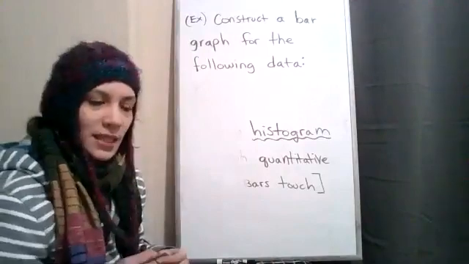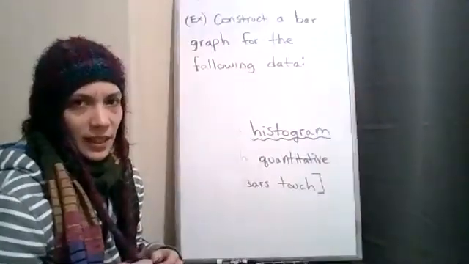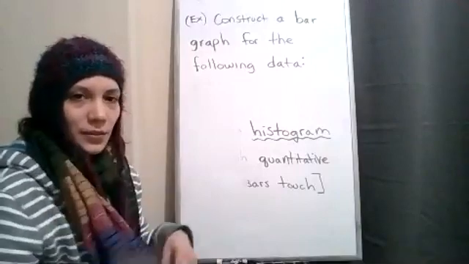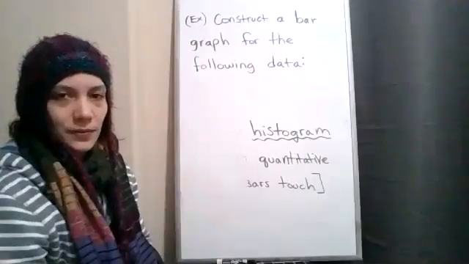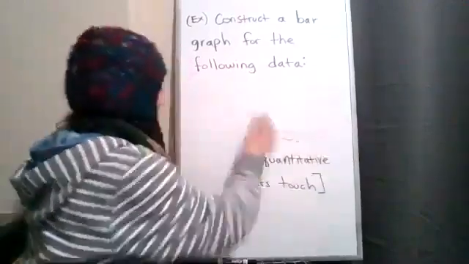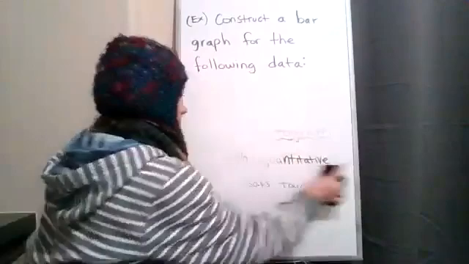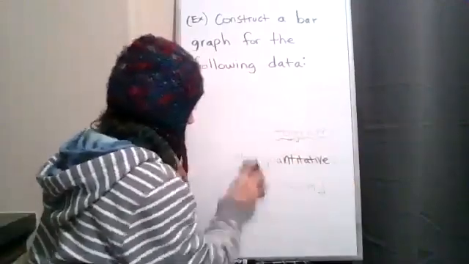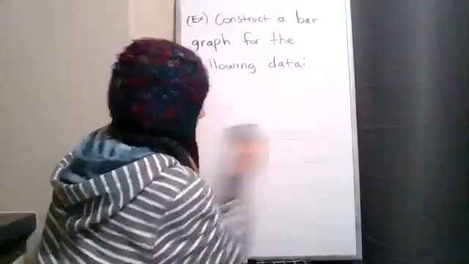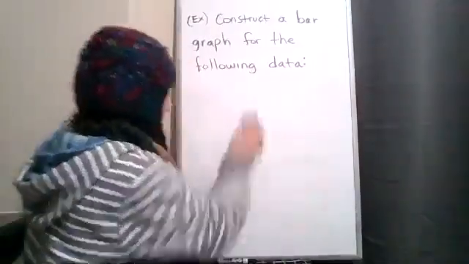I probably wouldn't test like that. I would probably be clear, like, make a bar graph, just tell you what you need to do. Okay, cool. We'll see how that goes.